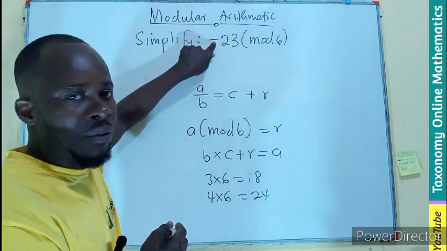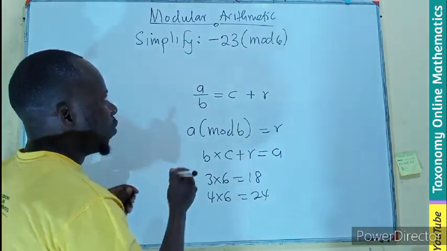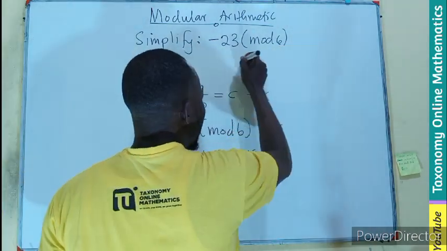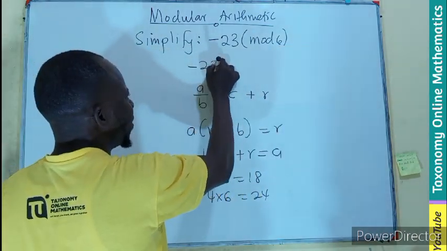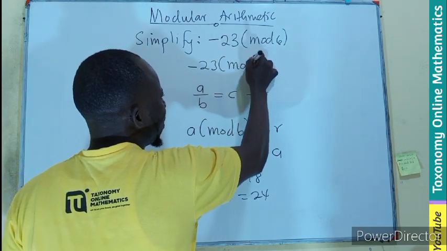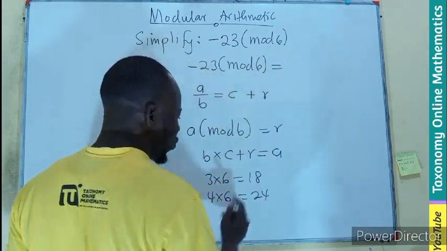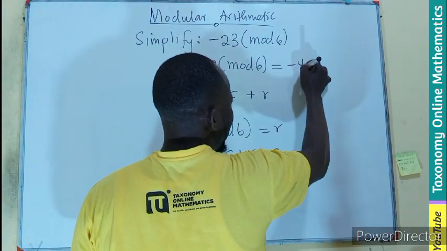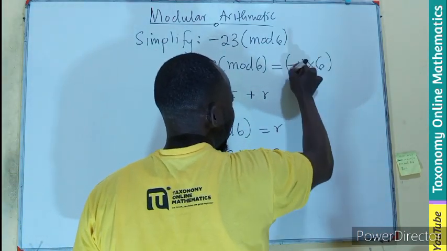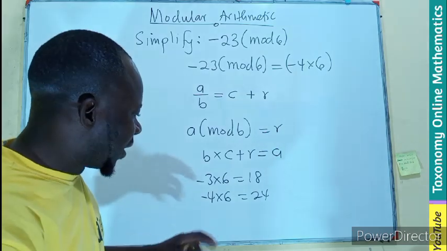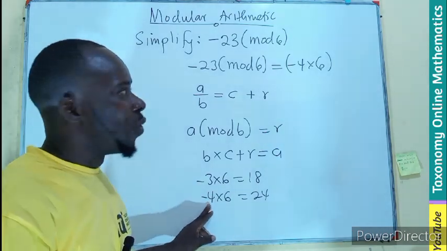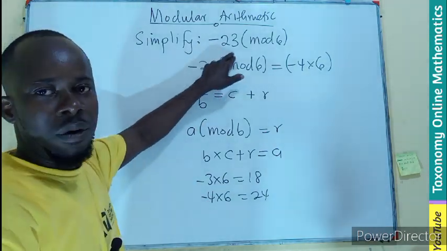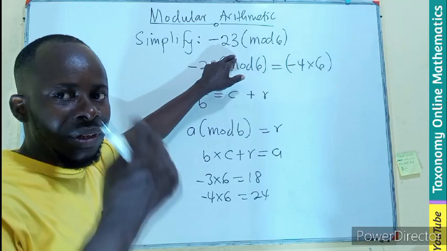Let's ignore the negative for now. So now, negative 23 mod 6 will be equal to, I am going to pick the negative, okay? Negative 4 times 6, which gives me negative 24. But I'm looking for negative 23.